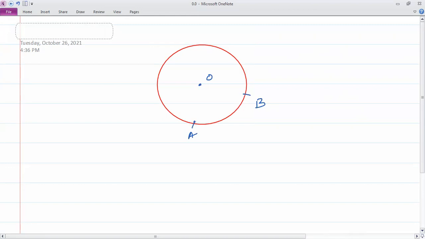If this is a chord AB, or even if you take the arc AB, now this chord, if we join it, let's suppose this chord makes an angle at the center. Okay. This one, let's say, is theta 1. This symbol, remember, we read it as theta.